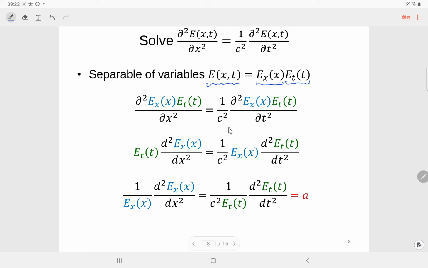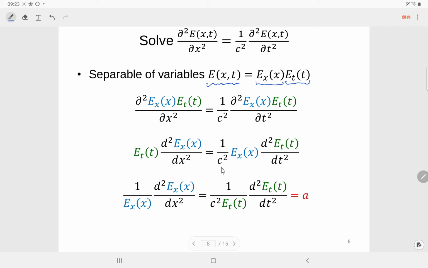So this becomes Et times the second derivative of Ex, and then 1 over c squared times Ex times d2 Et dt squared. Actually, it is just a function of x, so we can use the full derivative rather than the partial derivative here, but that is a minor issue.